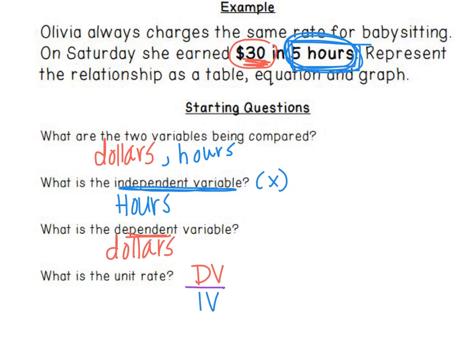So to figure out how much she makes for 1 unit, we're going to take $30 and divide it by the 5 hours she works, which is going to give me that her unit rate is $6 per hour. So for 1 hour, she makes $6.